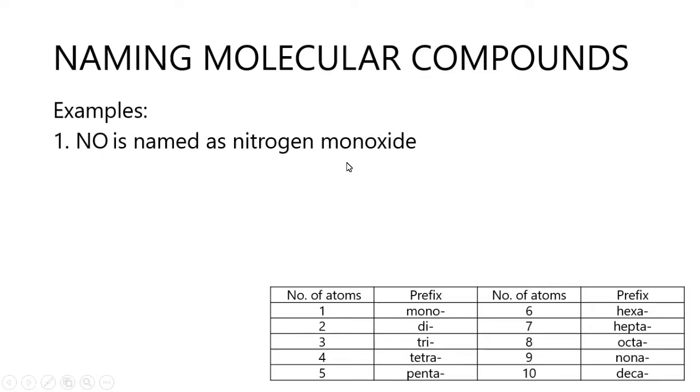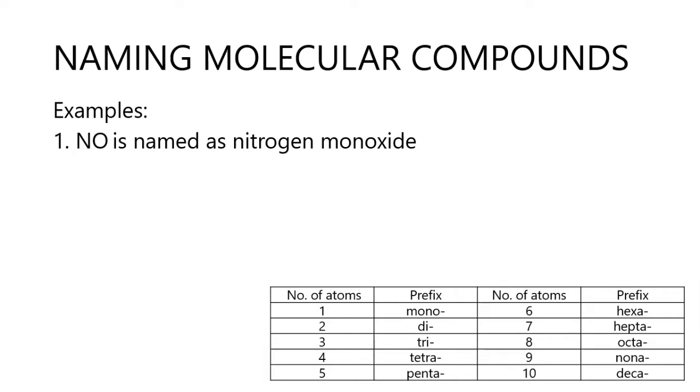And gagamitin natin yung word na mono. Hindi po siya monooxide. Actually, pwede siyang monooxide, pero pinapaikli po siya into monoxide. Kasi if it precedes a vowel, makakancel po yung vowel na yon. Okay, nitrogen monoxide.